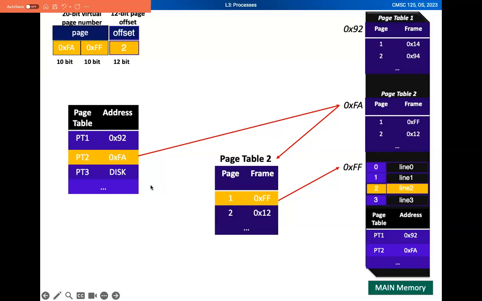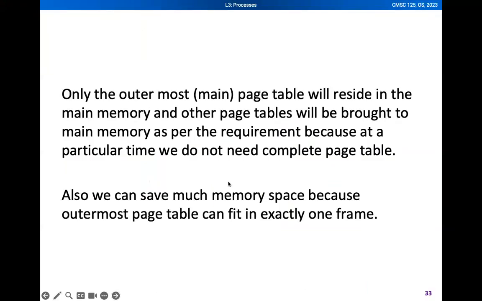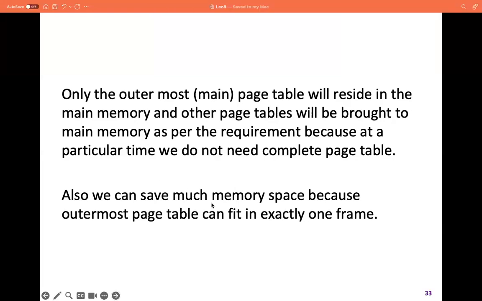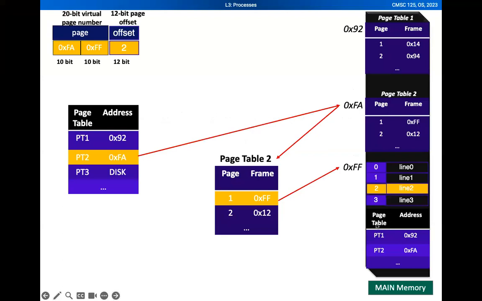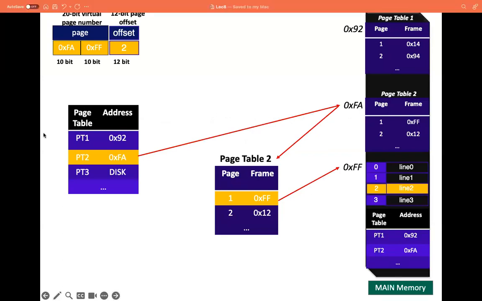Okay, so we know where it is. And also we can save much memory space because the outermost page table can fit in exactly one frame. So as you can see, we have the outer table which is only 4 KB in size, so it can fit in our main memory, compared to one large page table which will cost us 4 MB.